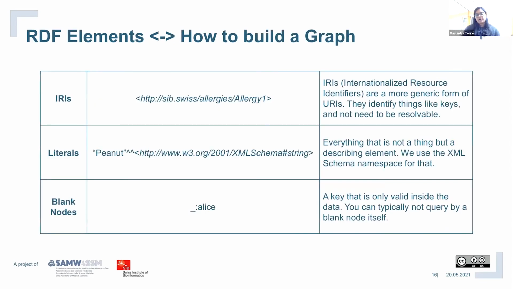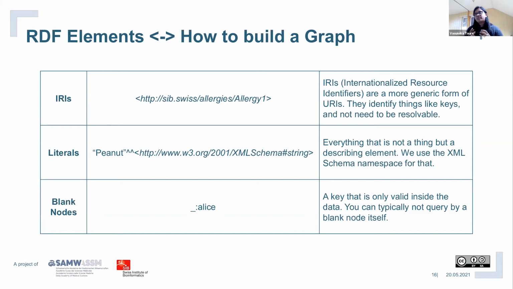Now in RDF, we have 3 different types of elements that we can use to build those graphs and represent those binary interactions. The first element is what is called an IRI, or International Resource Identifier. As you can see in this second column, you have an example, and this is basically a link. This is an ID that is used.